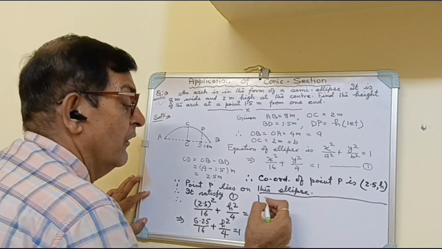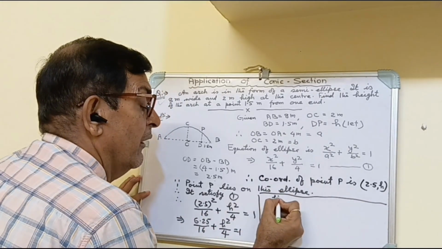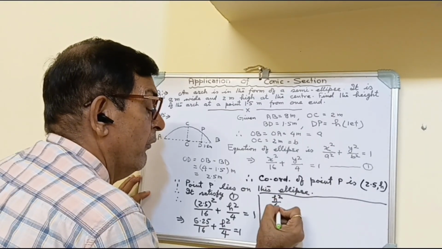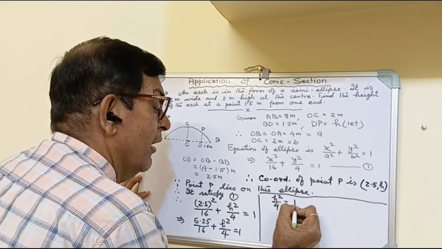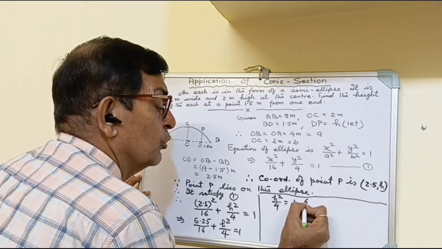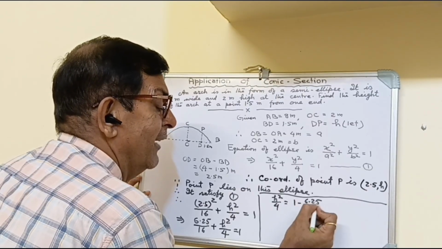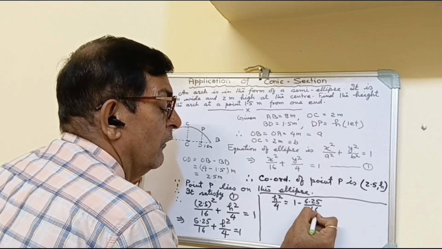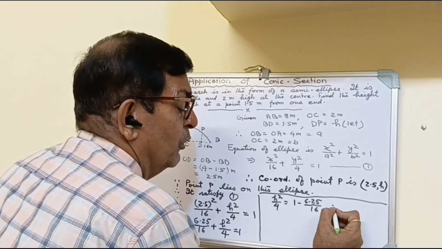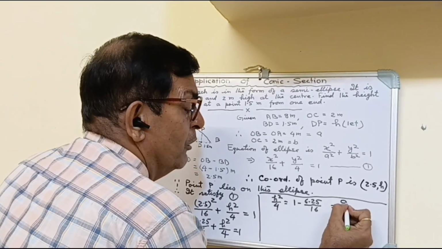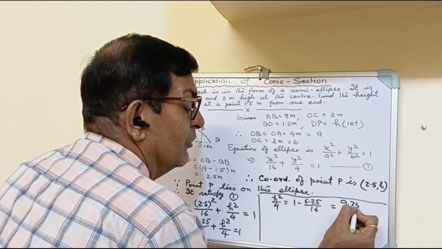Bringing this to the other side, h square by 4 is equal to 1 minus 6.25 by 16. Taking LCM, 16 minus 6.25 is 9.75 by 16.